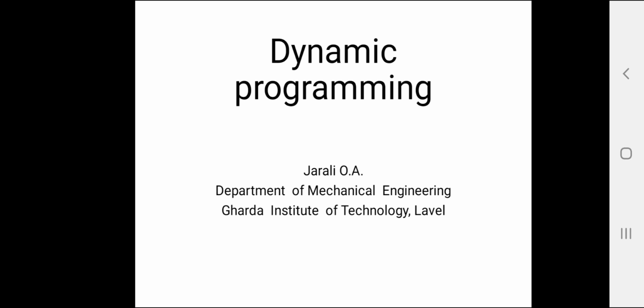So, in the previous lecture we discussed the definition of the dynamic programming approach. Also we discussed the characteristics of dynamic programming problems. The problem can be divided into stages with a policy decision required at each stage. Each stage has a number of states associated with it.